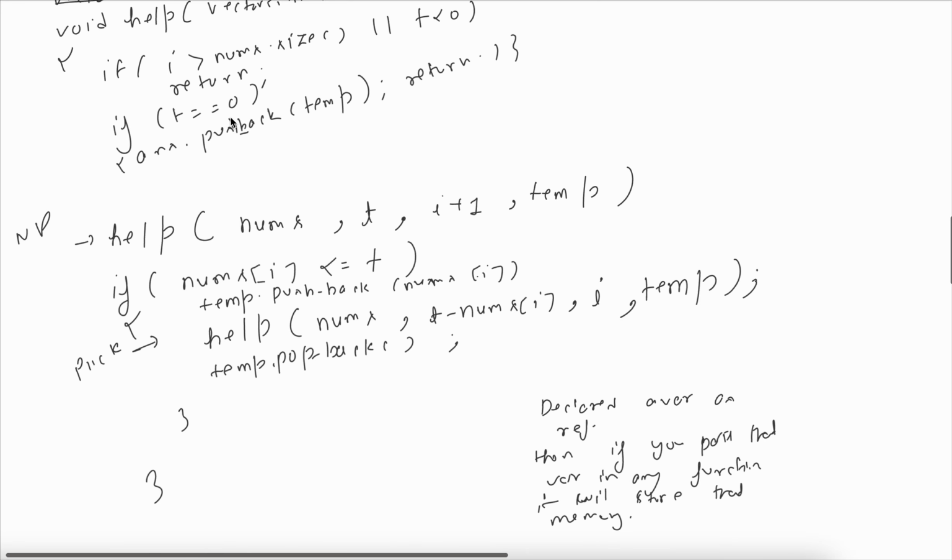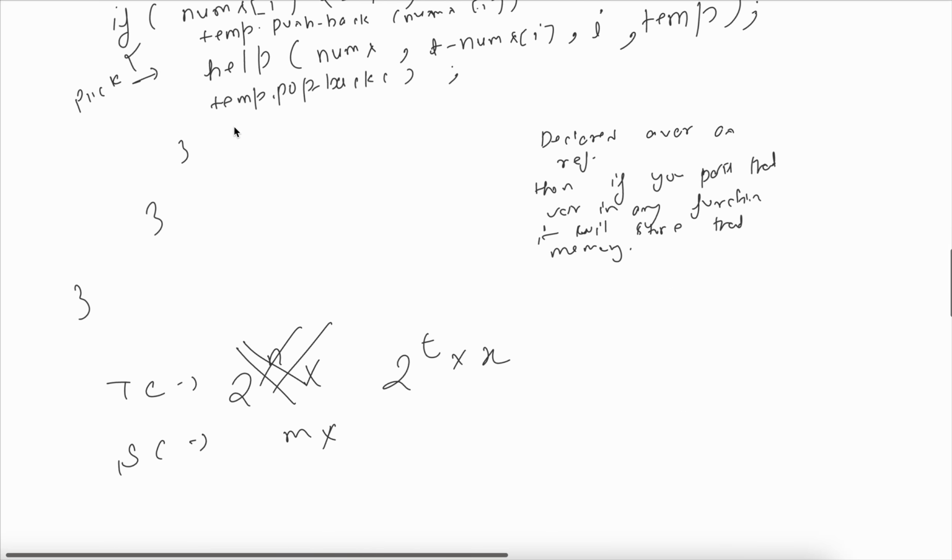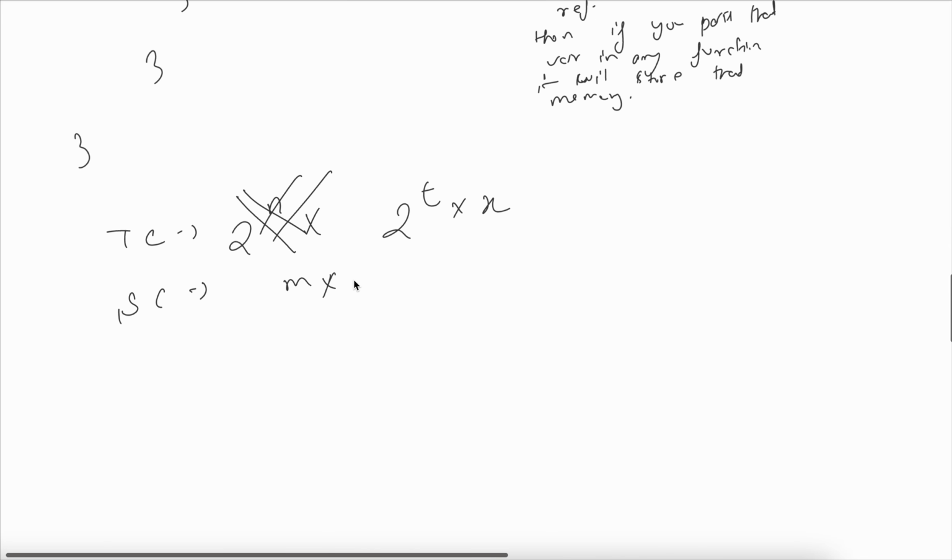Now how many times are you doing this? x times. So it would be something around m into x. This is hypothetical; you cannot prove this, you cannot have a valid TC and SC for this.